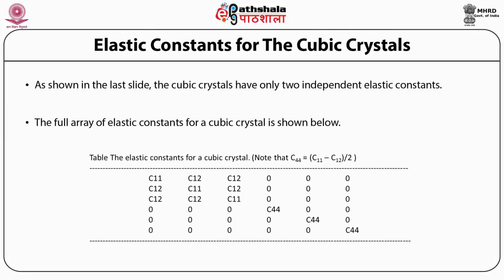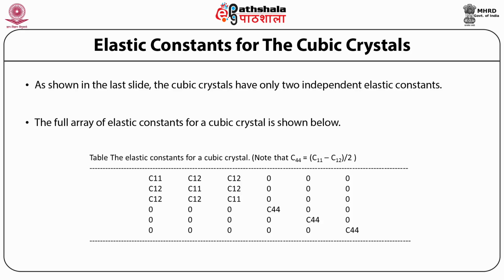The array of the elastic constants for the cubic system is shown in this table. Now, for the isotropic system, the array of the elastic constants is the same as for the cubic system, but there are only two independent elastic constants with C44 equal to (C11 minus C12) by 2.